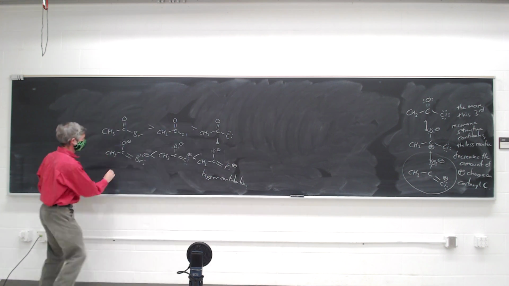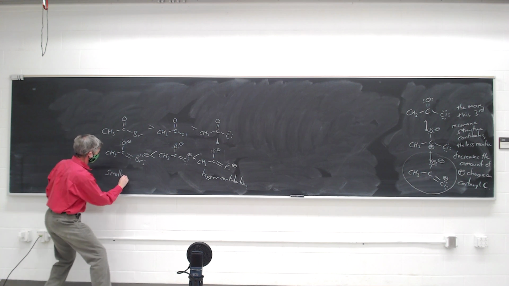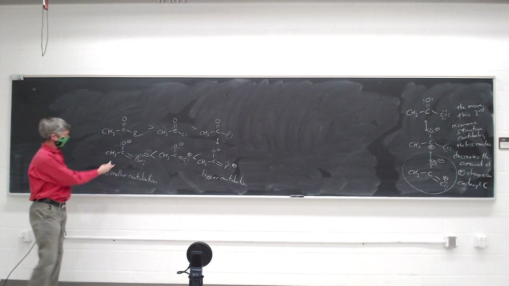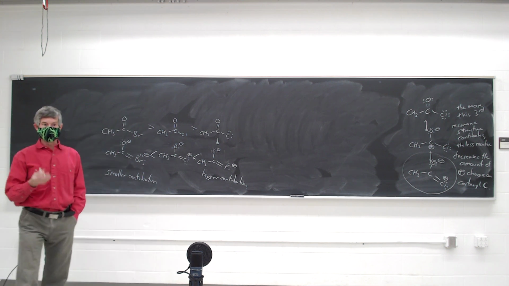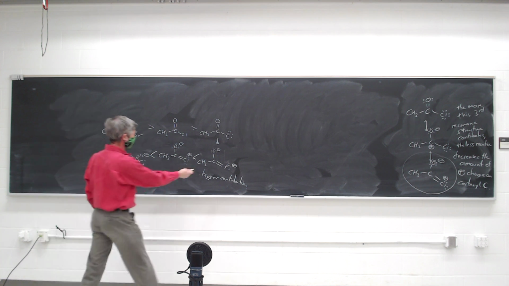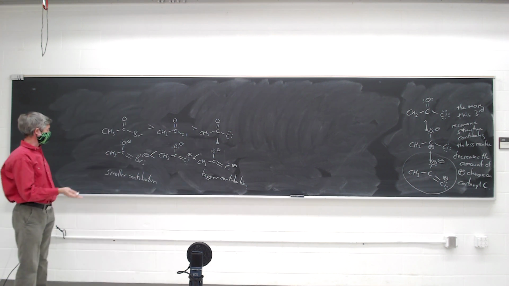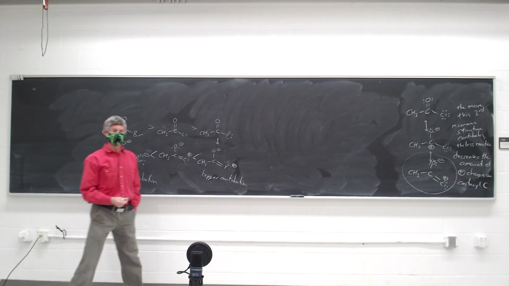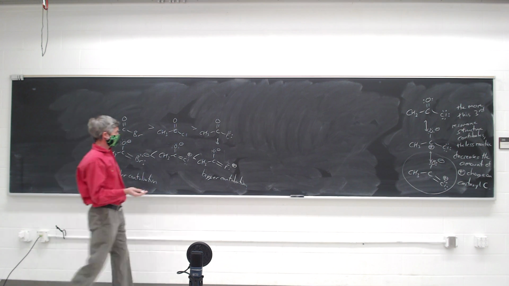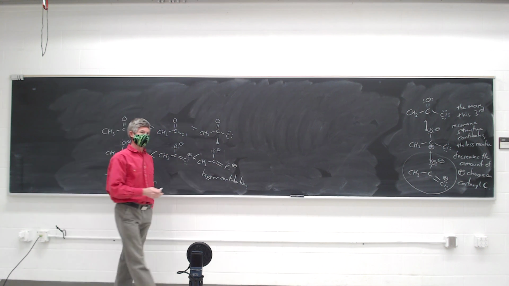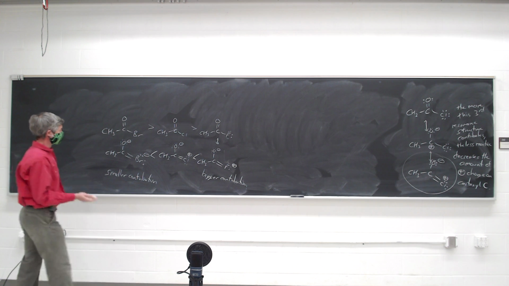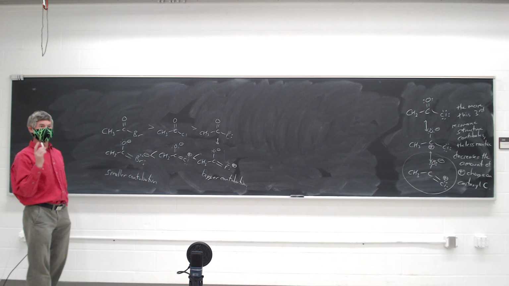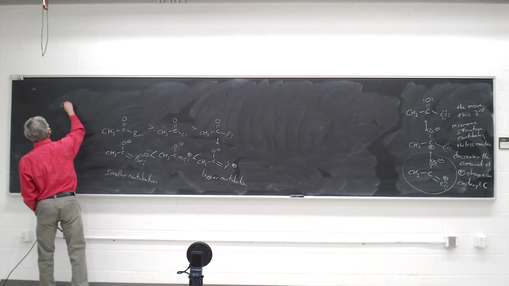This one makes a smaller contribution. And the smaller the contribution made by this minor resonance structure with the pi bond to the leaving group, the more reactive. So the question is why, even though fluorine is the most electronegative element on the table, does this pi bond to the fluorine make a larger contribution than the pi bond to the chlorine and the pi bond to the bromine? And the answer is to be found in molecular orbital theory.